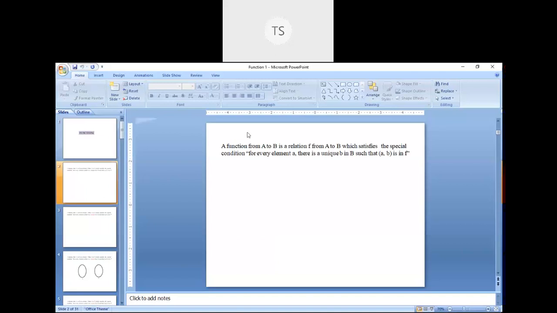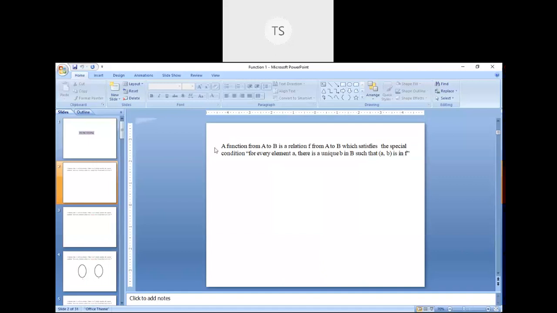What is the special condition? Here it is given that a function is a relation, but for that particular relation there is a special condition: for every element A there is a unique element B in B such that the ordered pair (A, B) is in f.